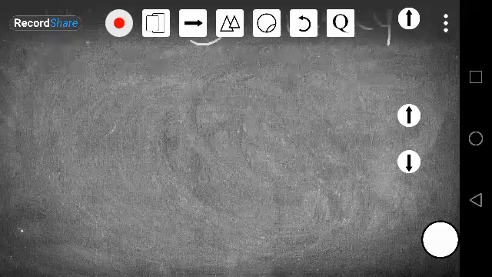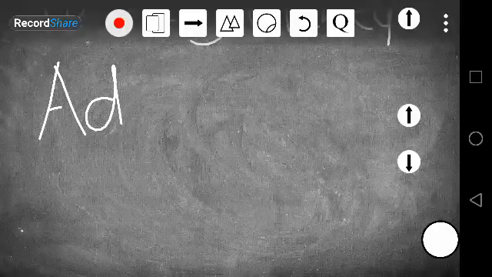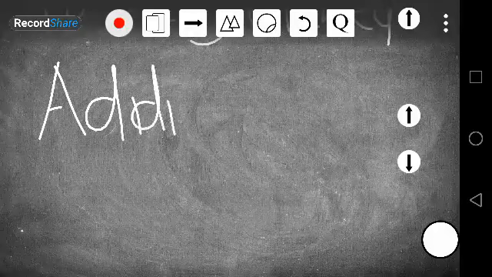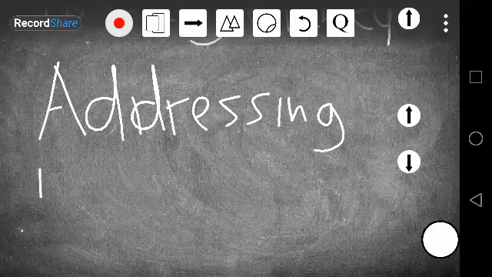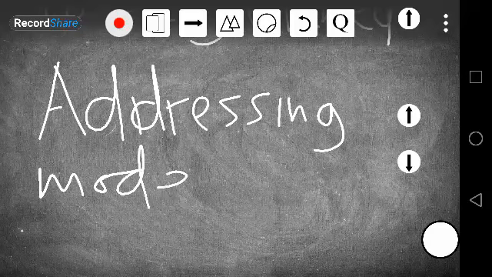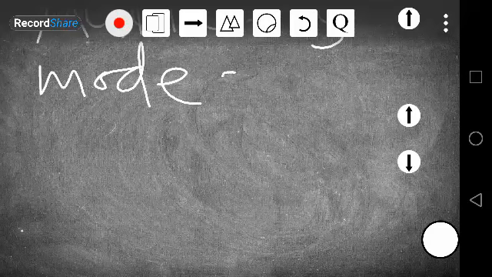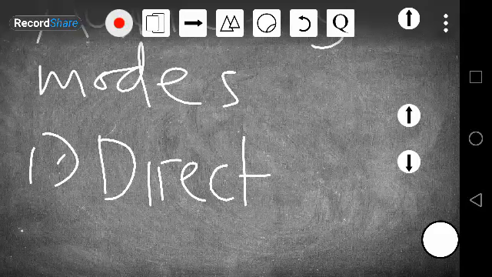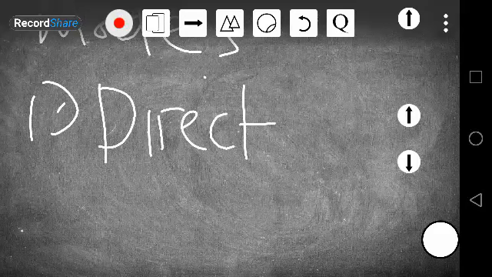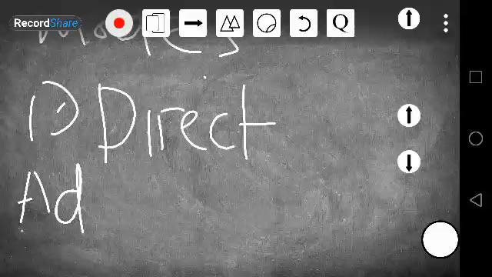So I can start writing the addressing modes in your syllabus. The first addressing mode here, which is number 1, is the direct addressing mode.